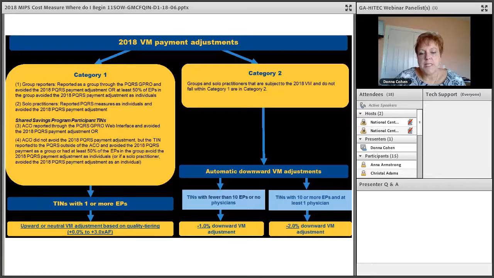Or if you were in a TIN with 10 or more eligible providers with at least one clinician or physician, you would have a negative 2% downward adjustment. So this is important when you look at your QRUR report. It'll tell you which category you fall under, whether it be Category 1 or Category 2.